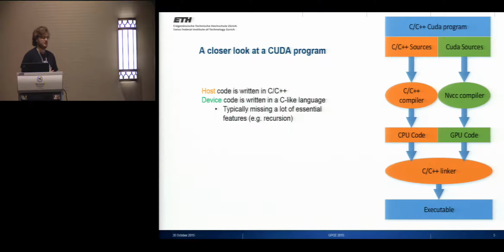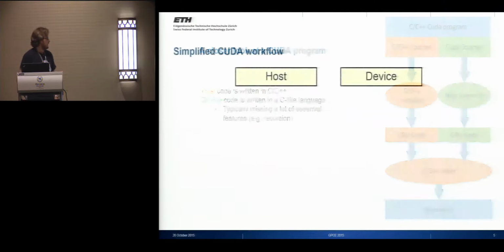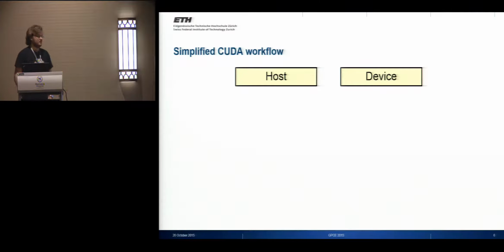Most of the time, you don't even have recursion, for example. You have to use different source code and different tool chains until you generate object files, and you can finally link them together into a single executable. That's a very simplified workflow for how you could develop a program that runs on your graphics card and maybe provides a massive speedup.